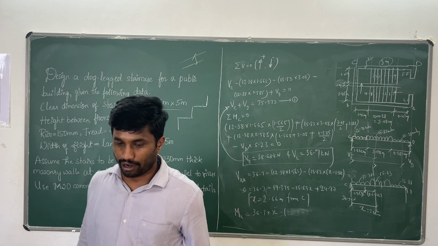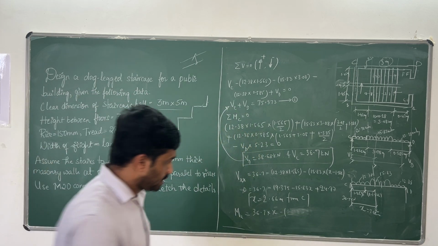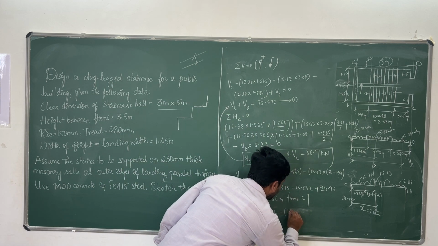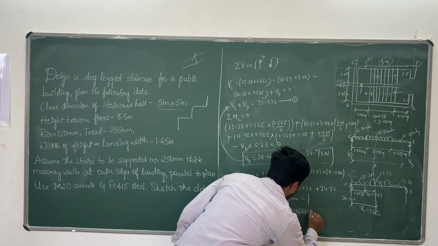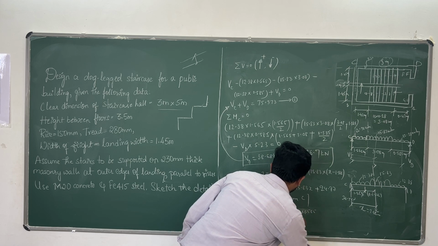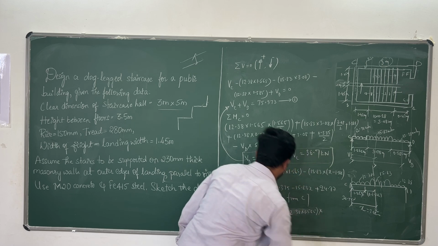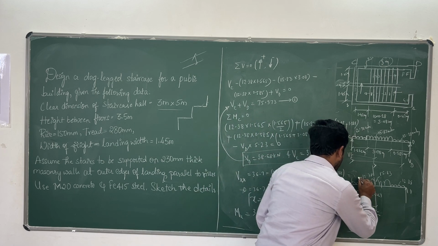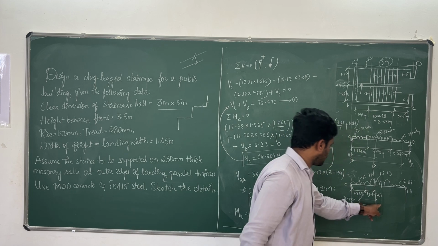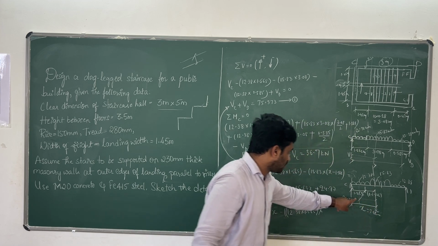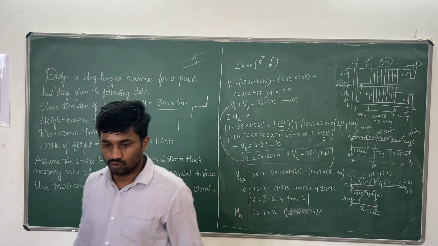First you convert the load into a point load, so 12.38 multiplied by 1.565. Then the distance is multiplied by 1.565 by 2, so what is this distance? 2.66 minus 1.565 by 2.